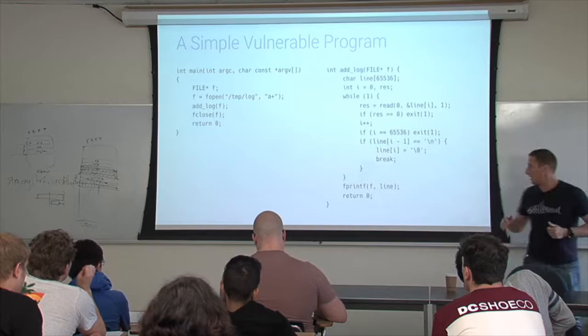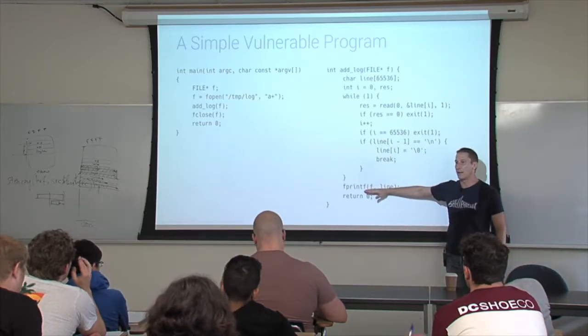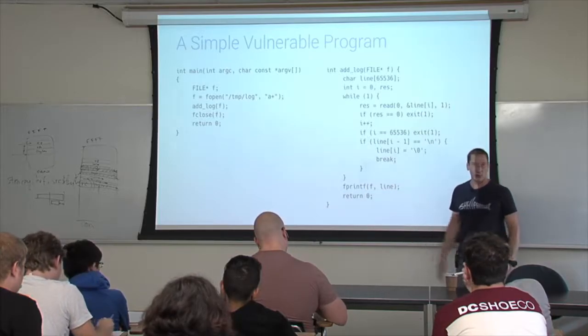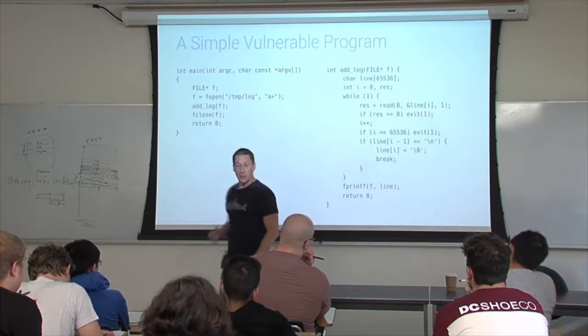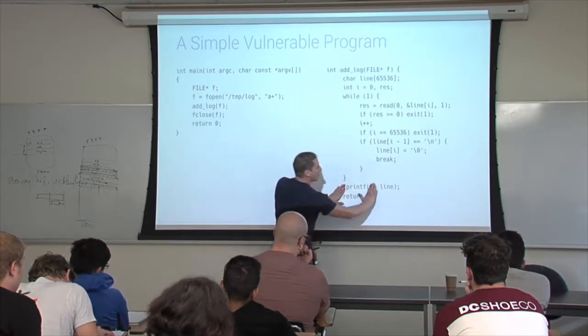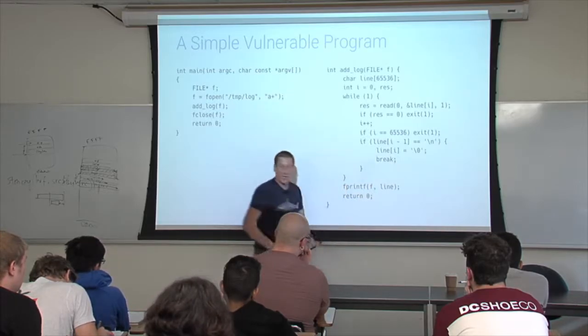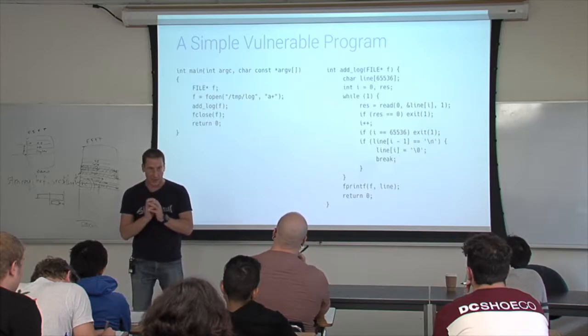And sometimes people get confused, but imagine every time you see a printf, you say, is this vulnerable? You have to ask, what is the format? Because the mere use of fprintf or printf does not mean it is vulnerable. In every case, is the format string under the control of the attacker?